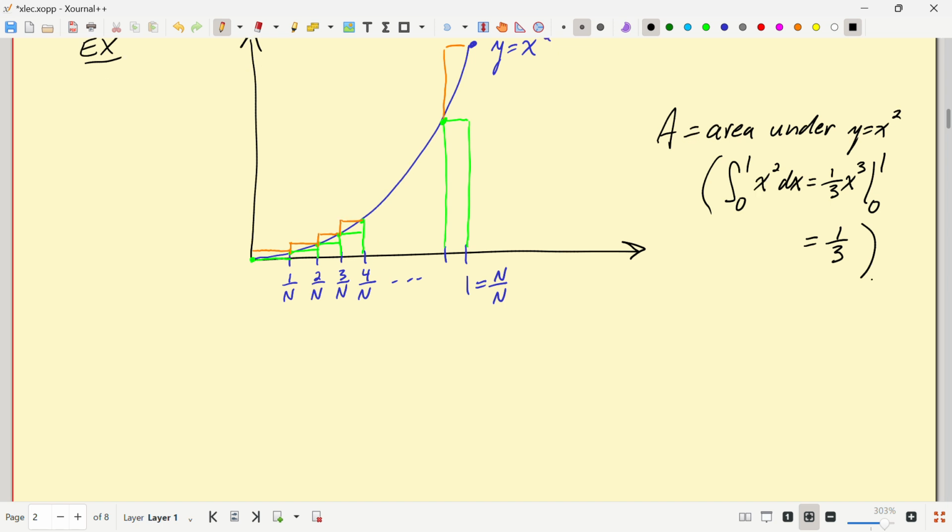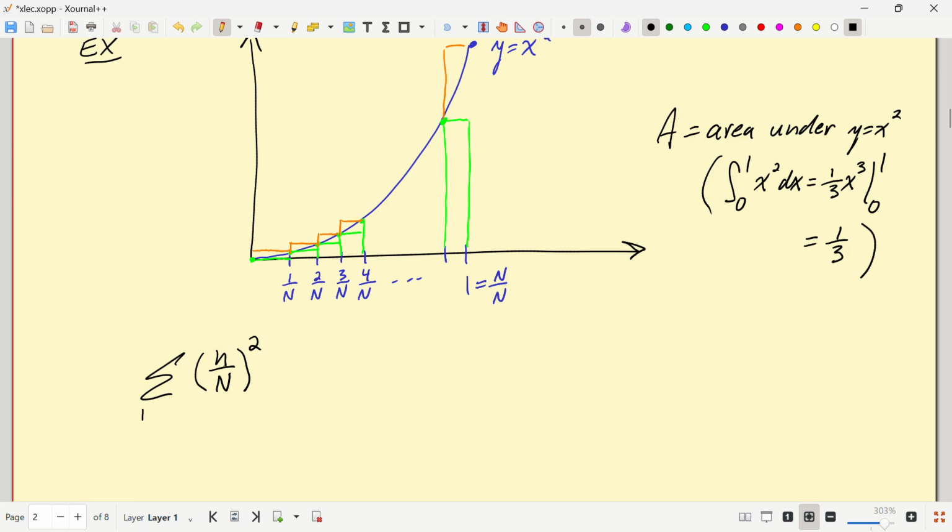Well, the sum of those green rectangles are underneath that, and let's see, I can actually write that out. What are those? I have the height is n over n squared, that's the height of those little rectangles, starting with n equal 1. The first one's 0, so it doesn't count.